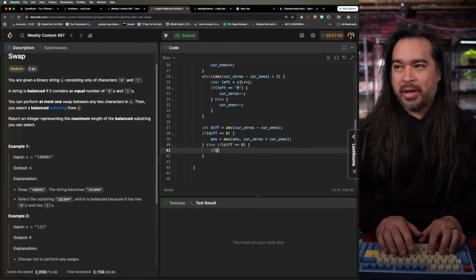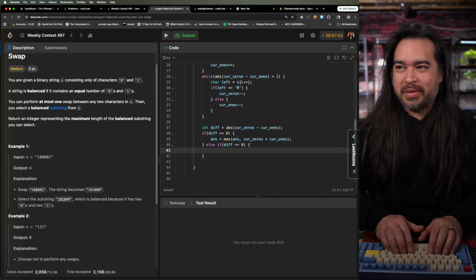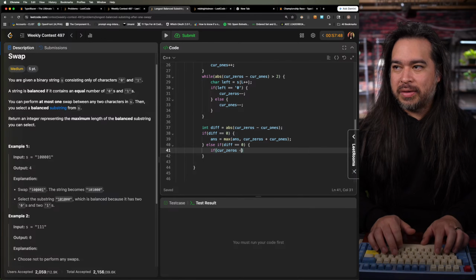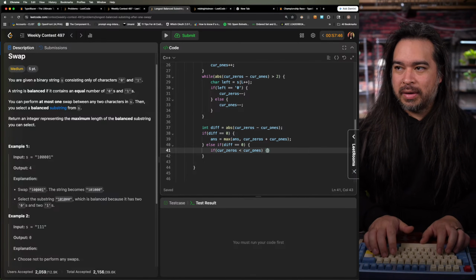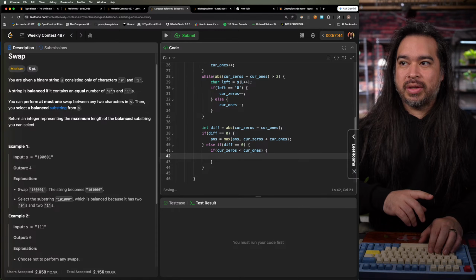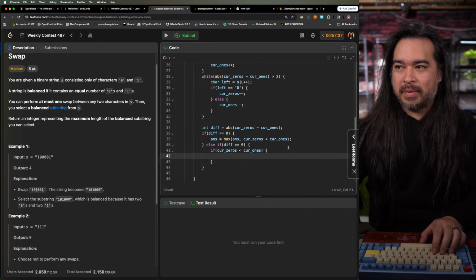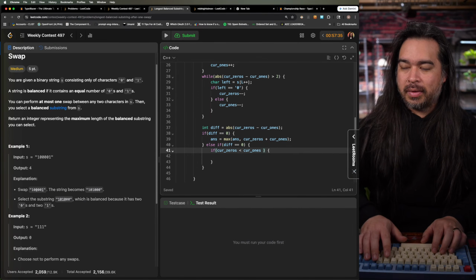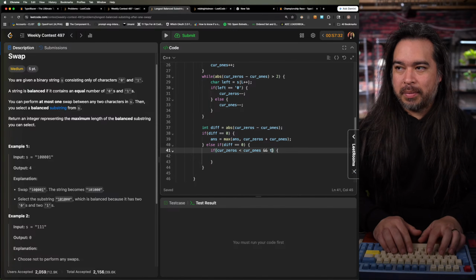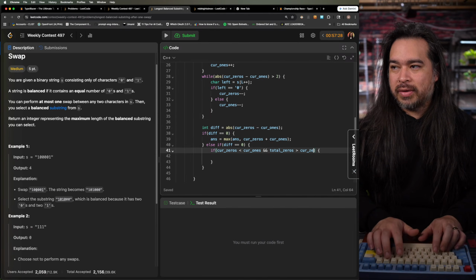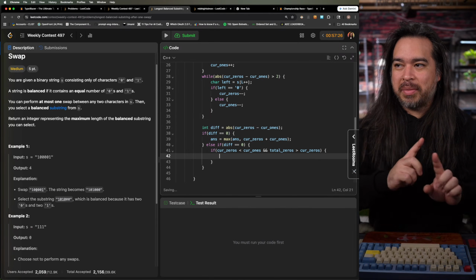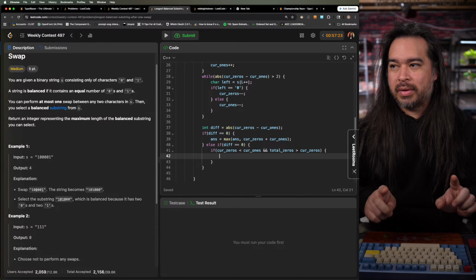I guess this is gonna look a little messy, but I don't know how to write it cleanly. So if our 0s is less than our 1s, then we need to swap in a 0. So that means if total 0s is greater than current 0s, that means we can make that swap somewhere.